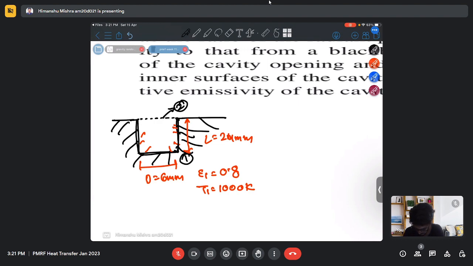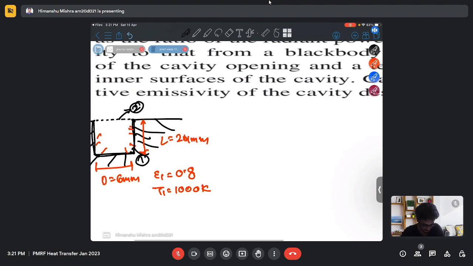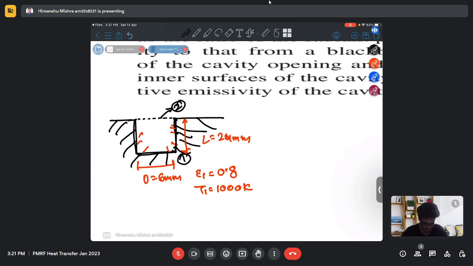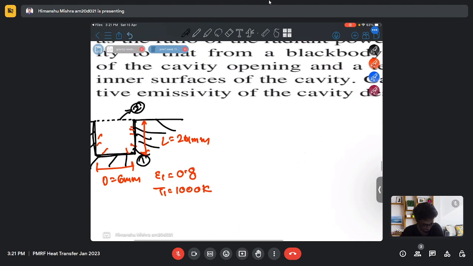Again, we can just use the resistance concept, and we can see there will be a heat transfer from surface 1 to surface 2. So this is from surface 1, this is the air resistance, and this is at surface 2.